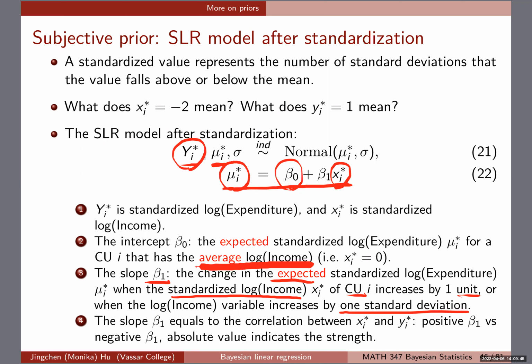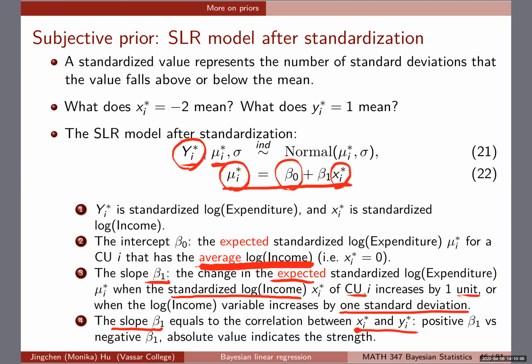Once again, one more thing I want to mention is that the slope beta 1 will equal the correlation after you do the standardization. So if you have your data standardized, beta 1 will actually equal the little rho that you probably have learned in the past, the correlation coefficient.